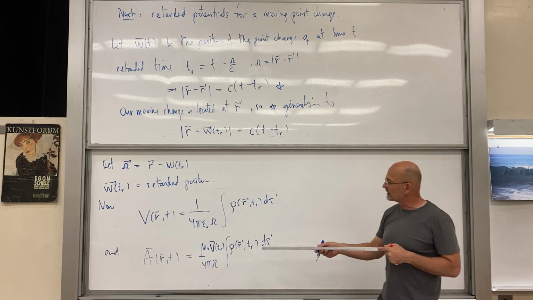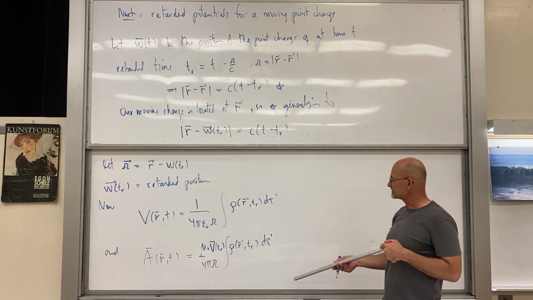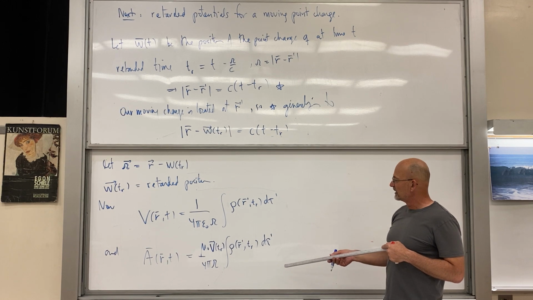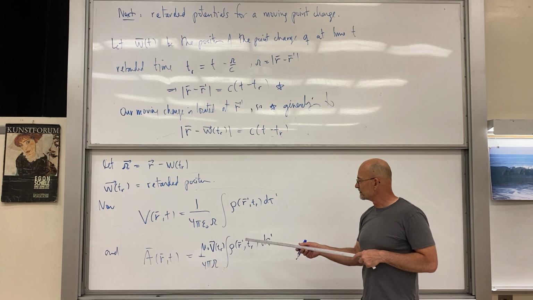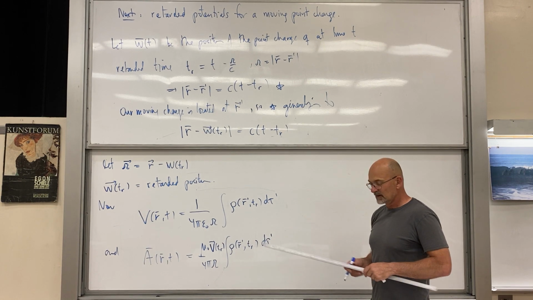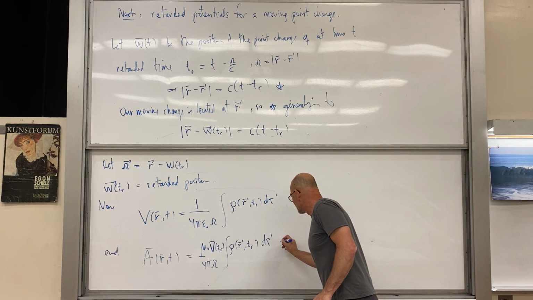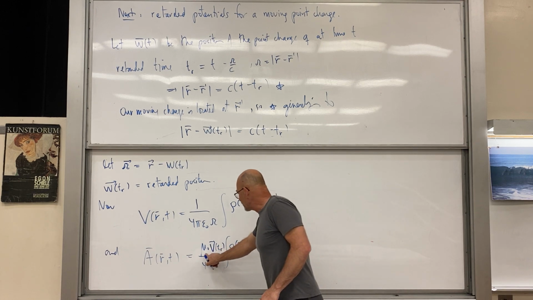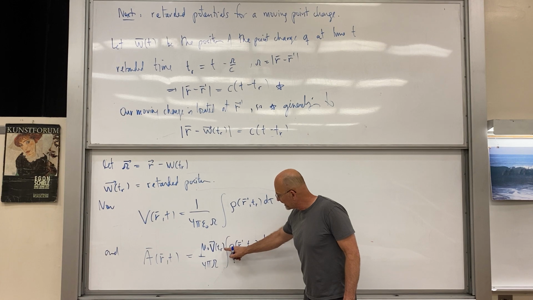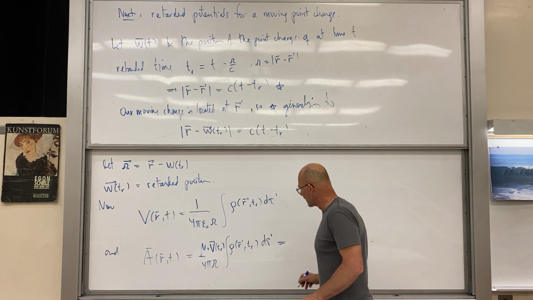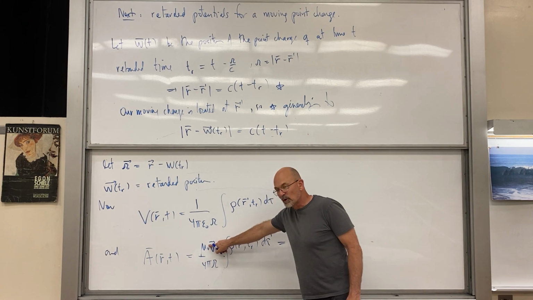They can be expressed in terms of each other. In fact, let's take another step here. So this mu naught, I can multiply top and bottom by epsilon naught, and then I'll have a 1 over c squared. Mu naught epsilon naught is 1 over c squared.